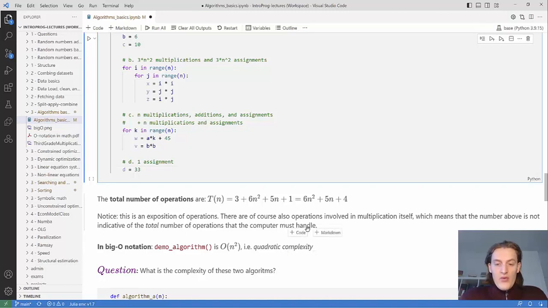I also know that there can be multiple operations inside a multiplication, but we don't count that in at this stage.